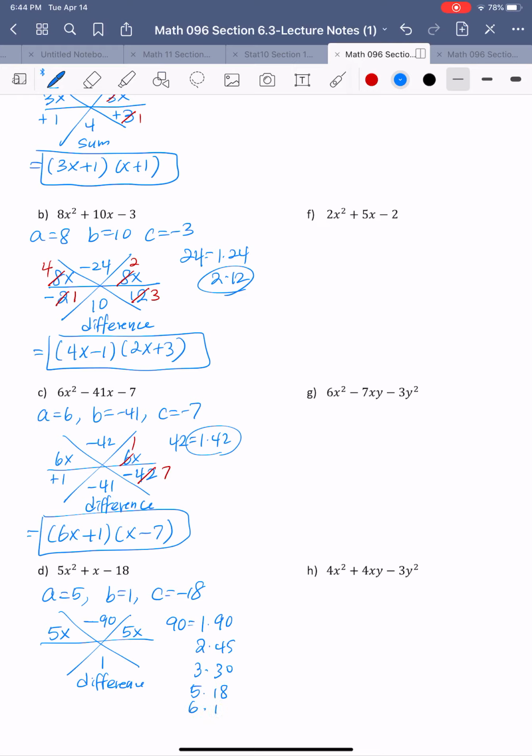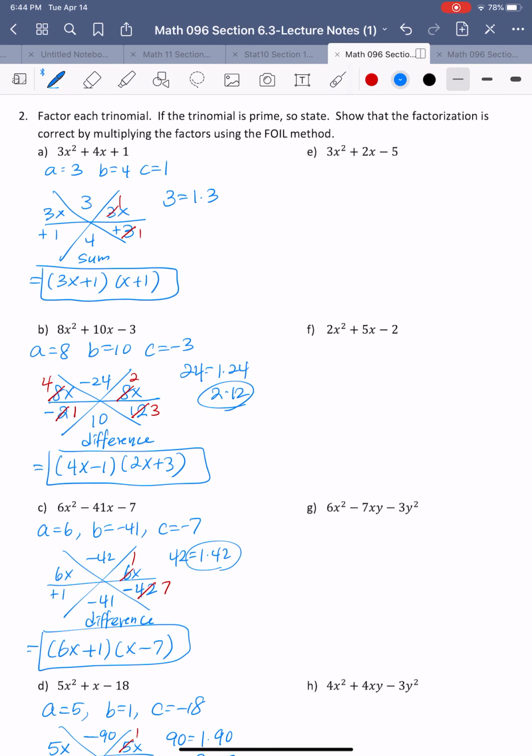And 6 times 15, and then 7, 8, 9 times 10. Do you see 9 and 10 give us a 1 difference? So 9 and 10. But I need a positive 1, so negative here, positive here. And reducible, yes, 1 and 2. So your answer will be 5x minus 9 times x plus 2. All right, that's all.